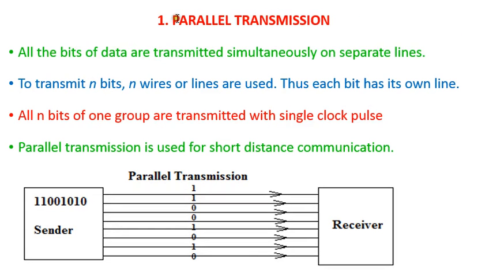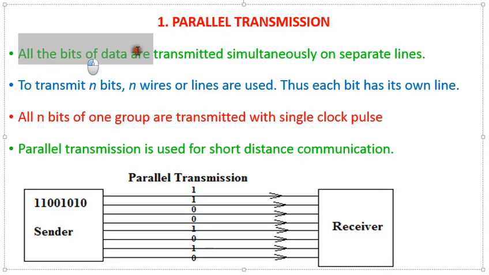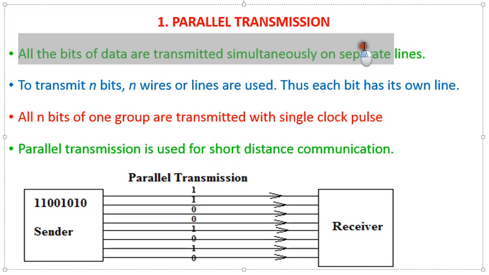Now let us start with the parallel data transmission method. What we mean by saying that the data is transmitted in parallel is that all the bits contained in that data are transmitted simultaneously, that's at the same time, each bit on its separate transmission line.